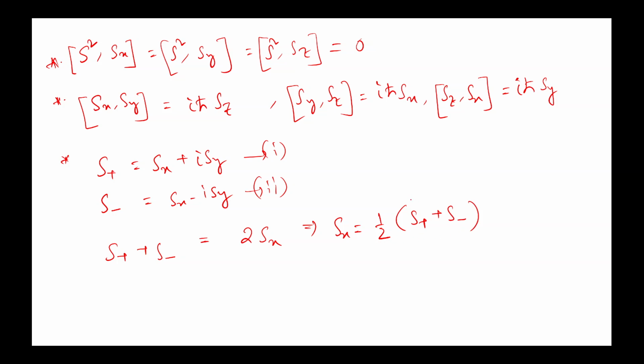So if you know the operator form of S plus and S minus, you can get the operator form of Sx, right? Similarly, this we got as 1 plus 2.